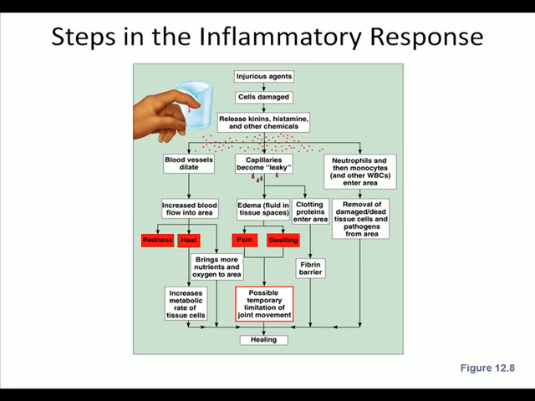You don't have to memorize this whole chart. The idea is that when you have an injury, there's lots of chemicals that are released, and those chemicals can help cause some of the cells that need to come in to fix the area to be attracted to that area to come there.